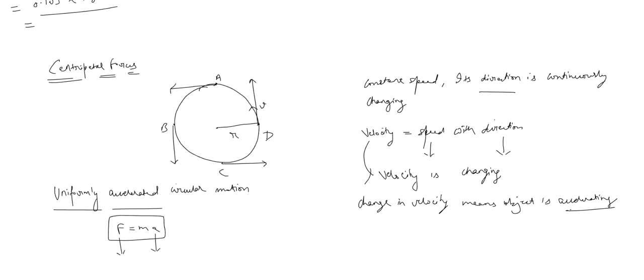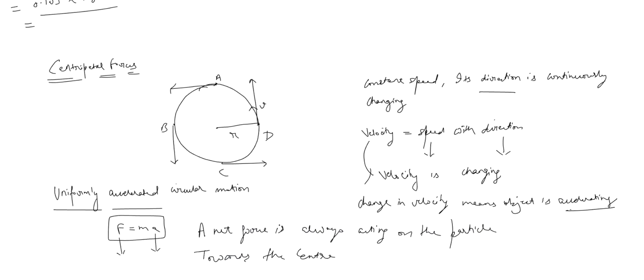If a particle is in circular motion, a net force is always acting on the particle. And the direction of that net force is towards the center and along the radius.